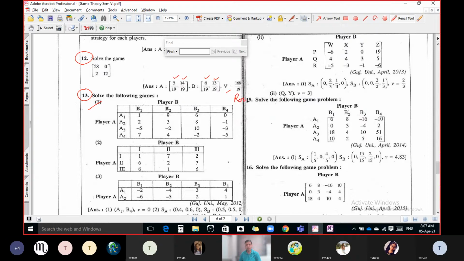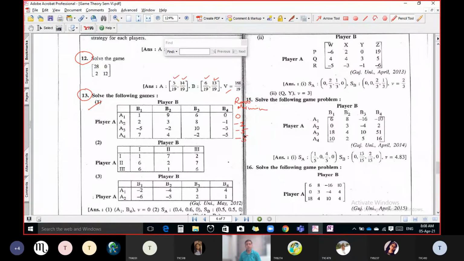Tell me the minimum value in the first row. 0. In the second row, minus 1. Third row, minus 5. And last row, minus 5.